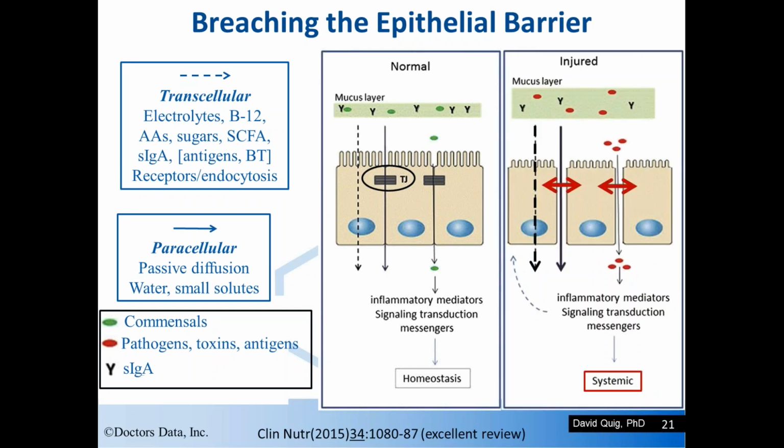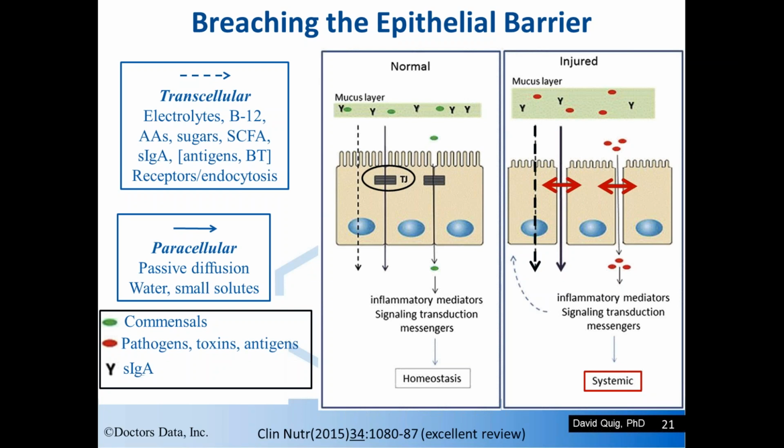However, when we have a damaged or compromised mucosal layer, we see decreased secretory IgA, decreased commensal bacteria, and an increased presence of pathobionts or even pathogens.